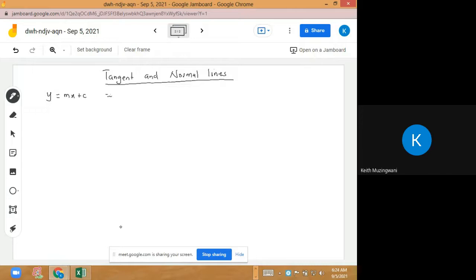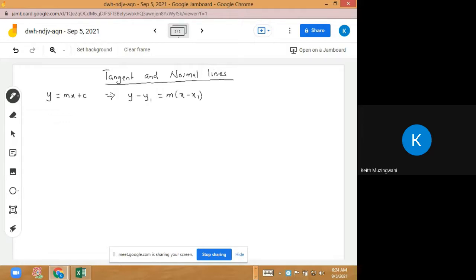Or y minus y1 is equal to m times x minus x1. Same thing. Any of these two equations will land us to the very thing that is called a line. The question here is, how then are you going to be getting m?